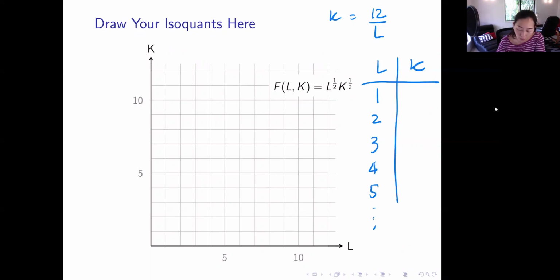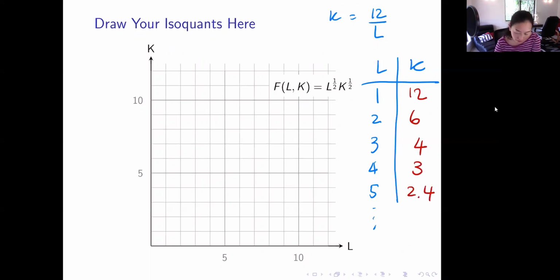So with L equal to 1, K would equal 12. L equal to 2, K would be 6, 4, 3, 2.4, and so on, right?